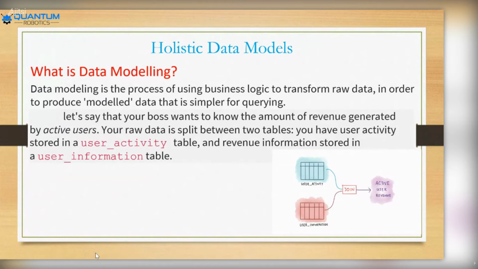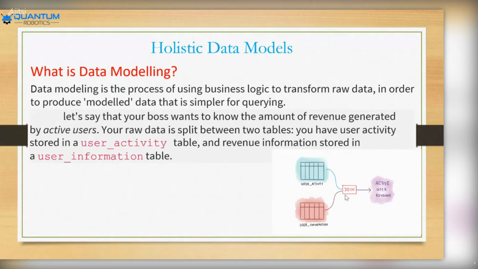Now you are getting the user activity table and the user information table. Now how can the data be gotten? What activity has been done by the person, and who is the person, the user information, meaning that particular person's name or ID number, whatever data is in the raw material.